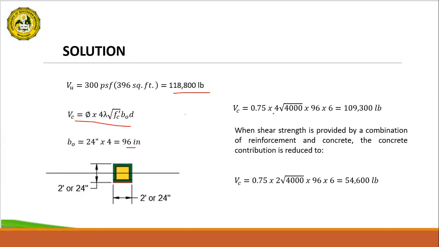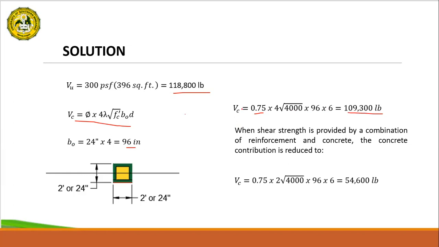Then substitute the value in our formula. So we have this, ating reduction factor for shear is 0.75 times 4, and our lambda is 1. Then square root of f prime, so this is 4,000 times 96 inches times the d, which is 6 inches. So we have here 109,300 pounds.